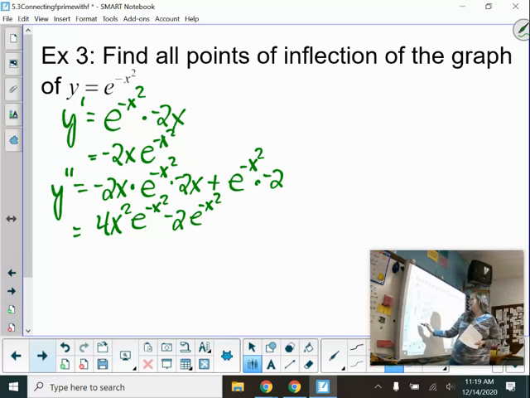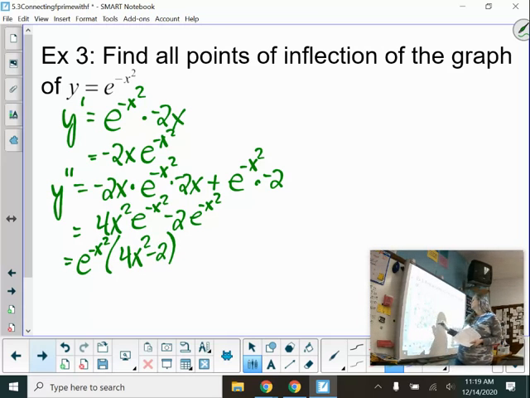I can factor out the e to the negative x squared, and I'm left with 4x squared minus 2. And again, that's what I'm going to set equal to 0. Now, we can ignore the e to the negative x squared because, again, that e is never going to be negative.